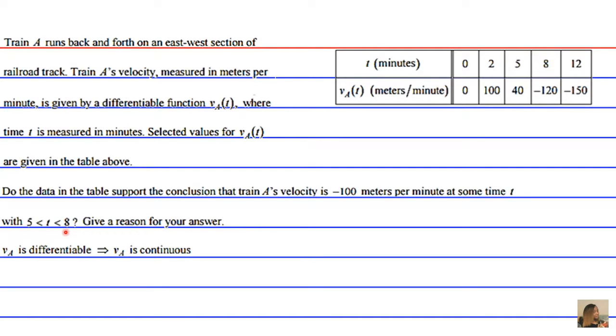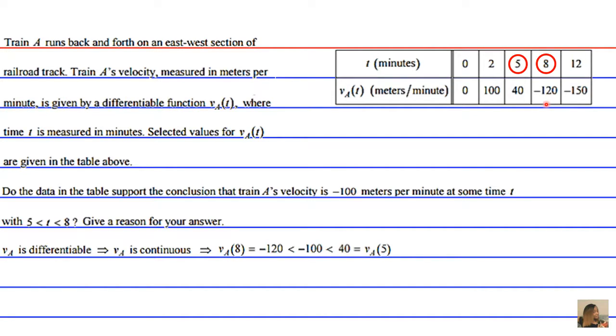So that's the domain, and it takes values f of a and f of b. Well, we do have values for f of a and f of b. Our f of b value is negative 120 meters per minute. Okay, and our f of a value is 40 meters per minute.